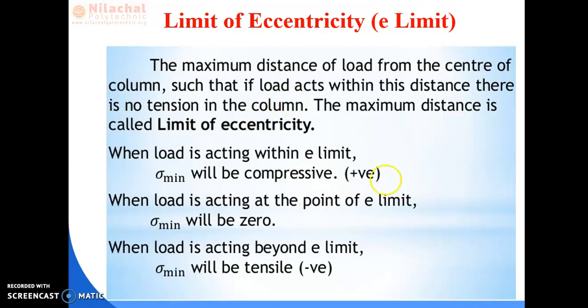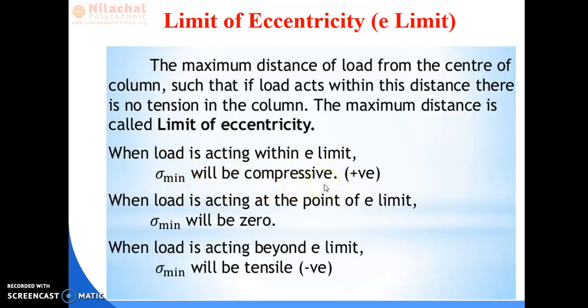So when the load is acting within the eccentricity limit, the maximum and minimum stress will have different cases. When the load is acting within the eccentricity limit, the minimum stress will be compressive.